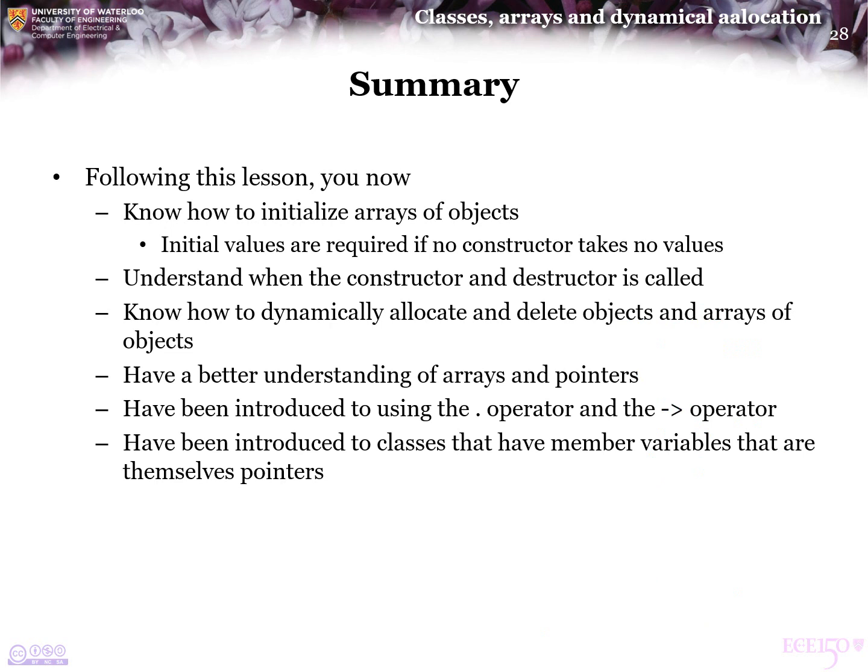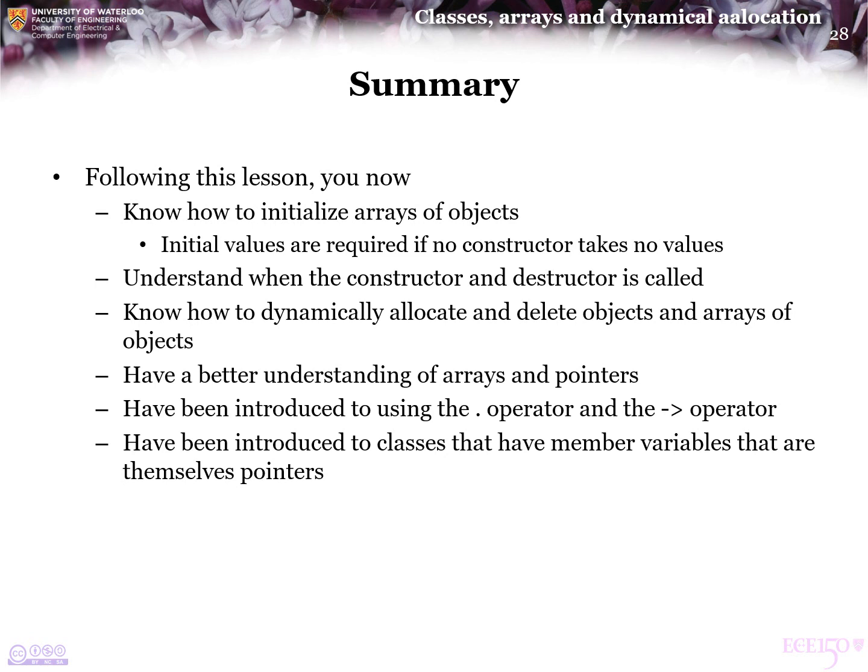Now, following this topic, you now know how to initialize arrays of objects, and you know that the initial values are required if no constructor takes 0 arguments. Also, you understand when the constructors and destructors are called. You know how to dynamically allocate and delete objects and arrays of objects.